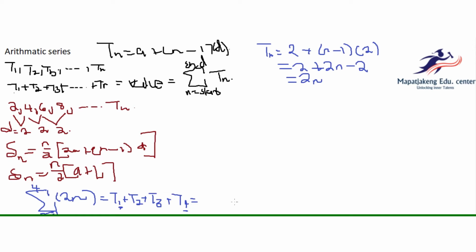And here's the sequence. Then we're just going to have 2 plus 4 plus 6 plus 8, which gives us how much? 2 plus 4 is 6. 6 plus 6 is 12. 12 plus 8 is 20. Right? So I just want to show you how you can get 20 using these two equations.